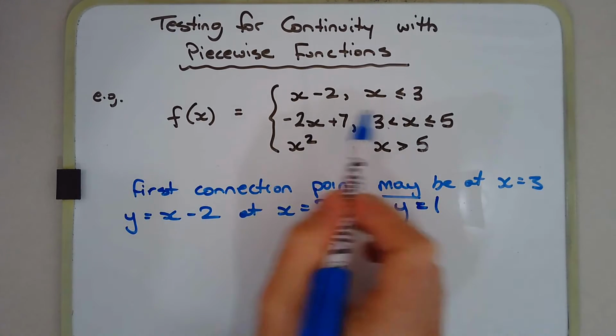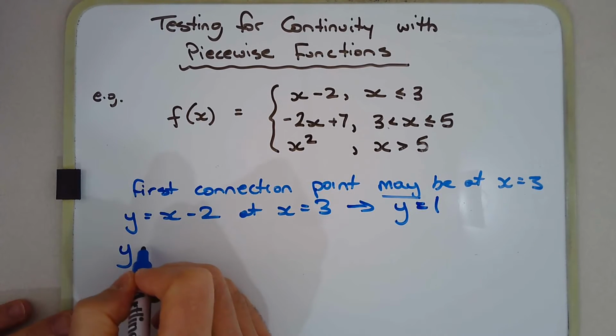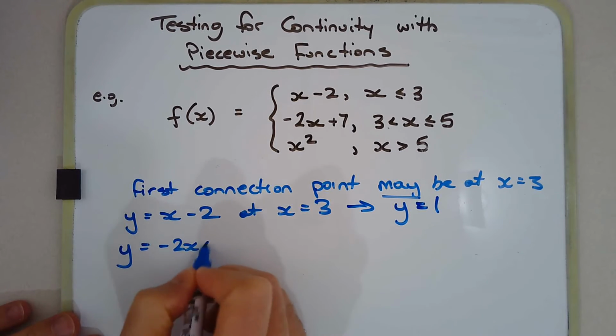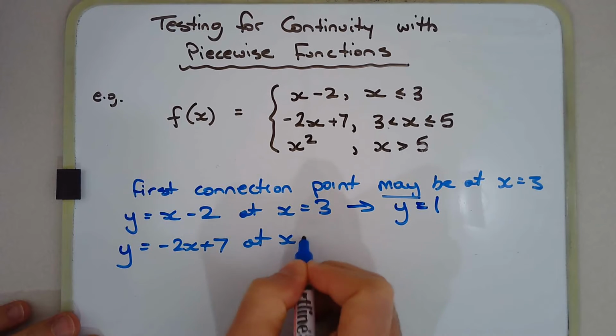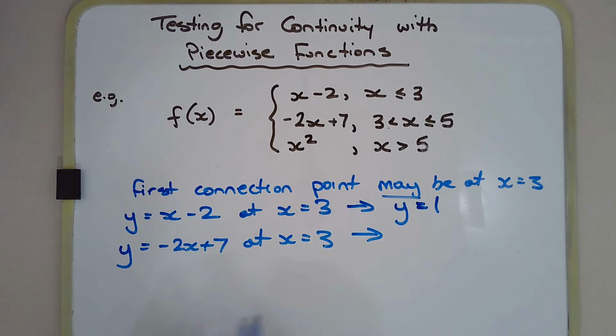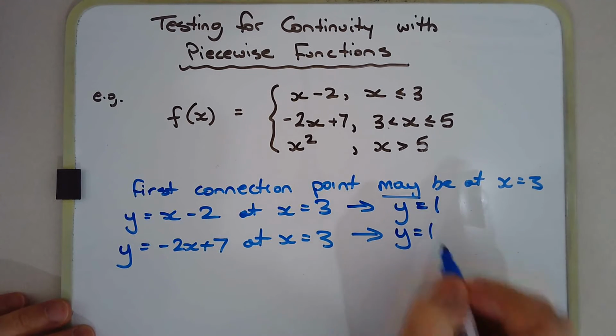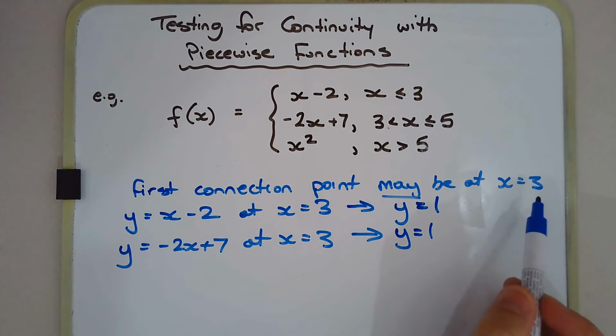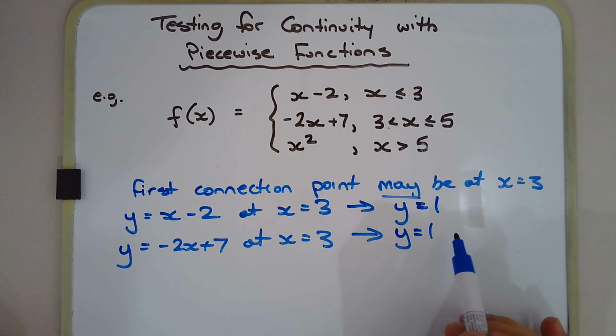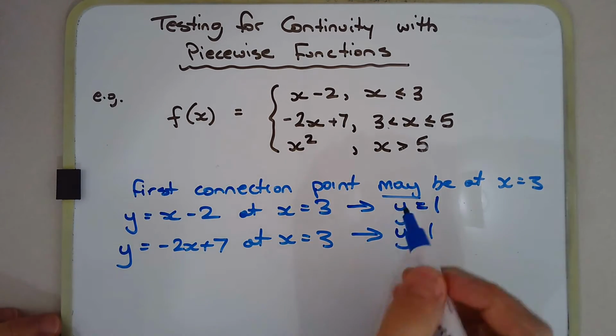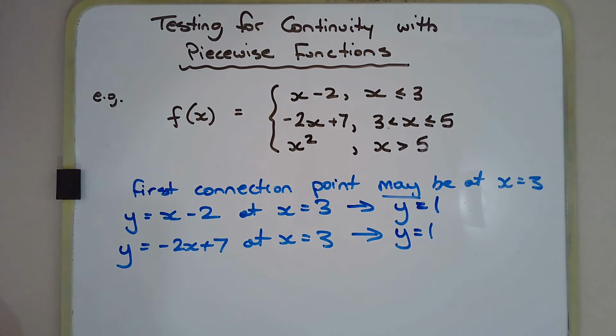Now we're going to test the second piece, y equals negative 2x plus 7 at x equals 3. If we substitute x equals 3 into this piece, negative 2 times 3 is negative 6, negative 6 plus 7, y equals 1. So therefore, at (3, 1) is the point where these two pieces join or connect. So these two pieces are in fact continuous.